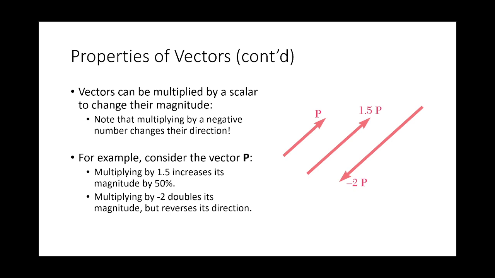So it's along the same line of action, it just reverses its direction. So I say that scalars don't change the direction, with one addendum to that: you can flip it along that line of action. If you multiply a vector by 0, technically that doesn't change its direction, but it has no magnitude, so it's not really doing anything.